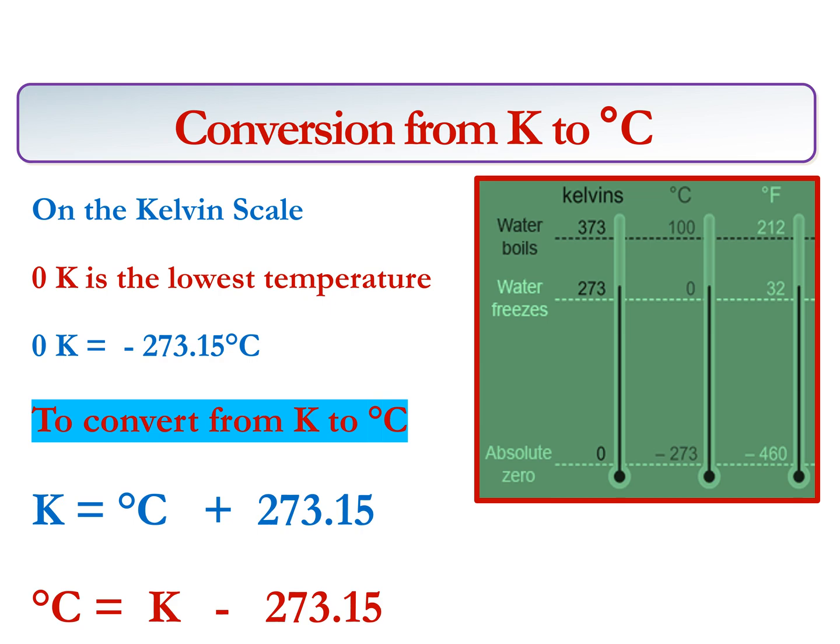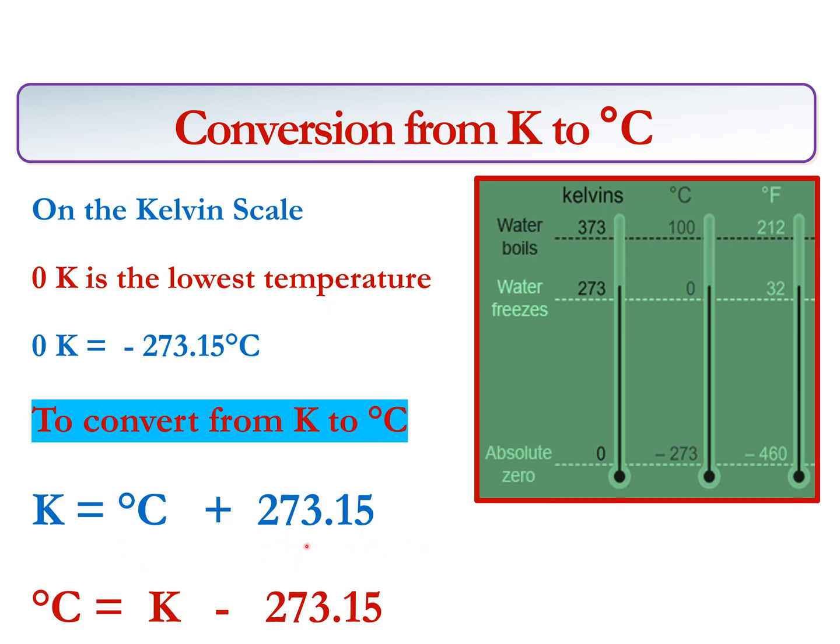Conversion from Kelvin to degrees Celsius. On the Kelvin scale, 0 Kelvin is the lowest temperature, as you can see here, and 0 Kelvin is equal to minus 273 degrees C. To convert from Kelvin to degrees Celsius, you use the formula K equals degrees Celsius plus 273.15.